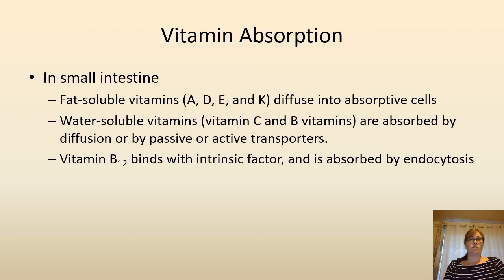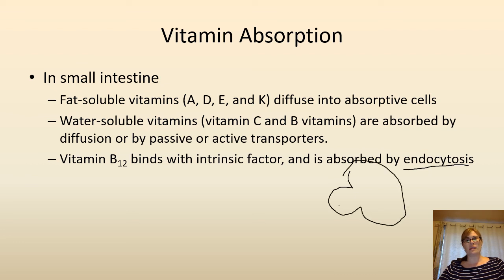And then vitamin B12 is much more complex. We're not going to discuss vitamin B12, but it is absorbed by what we call endocytosis, which is like phagocytosis. It's where a molecule is absorbed. The cell kind of grabs it and pulls it into the cell.